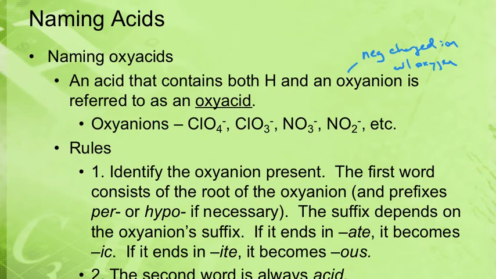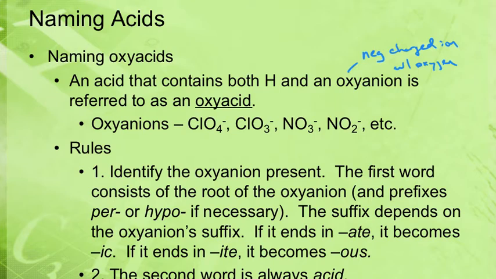Got oxygen, negative charge. The rules here: this time around, identify the oxyanion present. The first word consists of the root of the oxyanion and any prefixes, including per or hypo, if necessary. The suffix depends on the oxyanion's suffix. If it ended in ate, the new suffix is ic. If it ended in ite, the new suffix is ous. And then the second word is always acid.